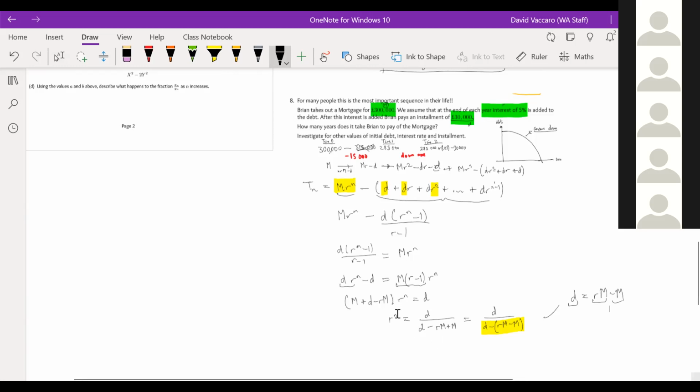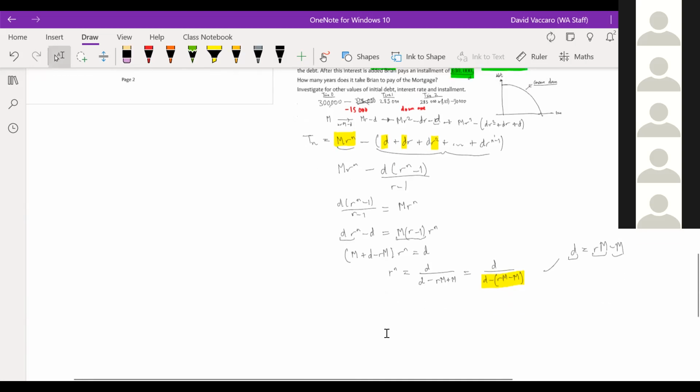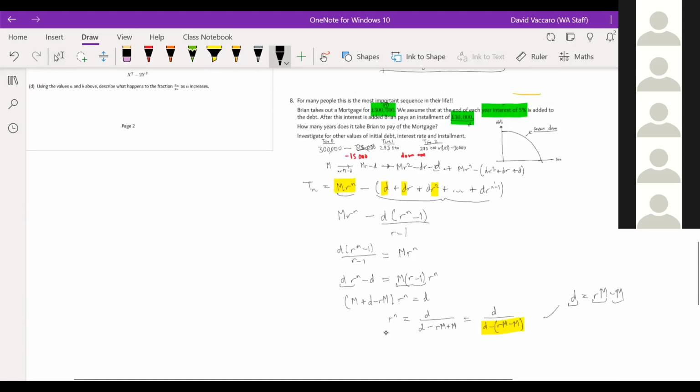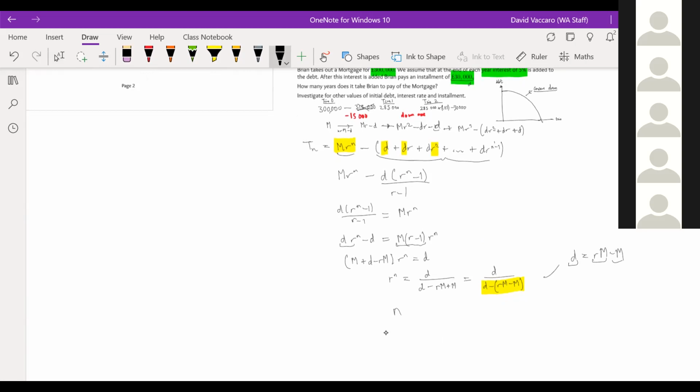How would we now find the value of n? So how would we now find out the time? Well, we want to take logarithms, base r.